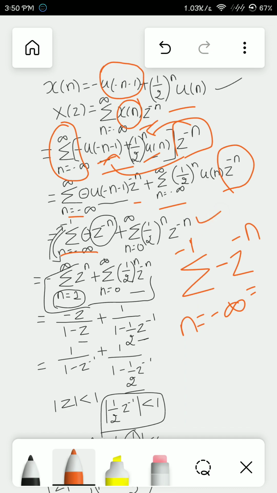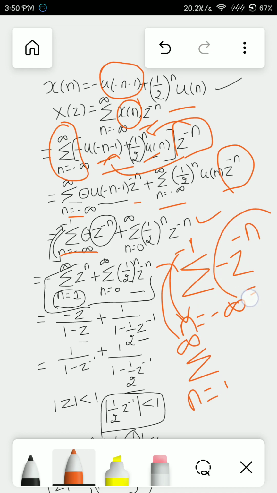Next I just shifted this summation, taking infinity to the upper part and minus 1 to the lower part, so I get n equal to 1 to infinity. For that, z to the power of minus n becomes inverse. The minus stays outside, and z to the power of minus n becomes z to the power of n. That is what I did, right?